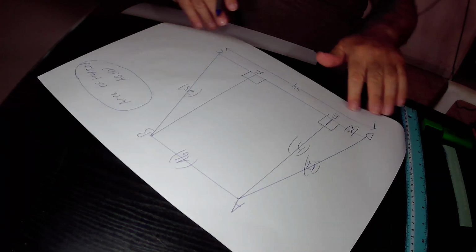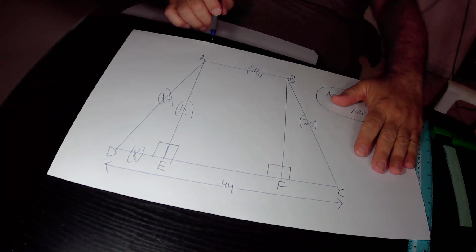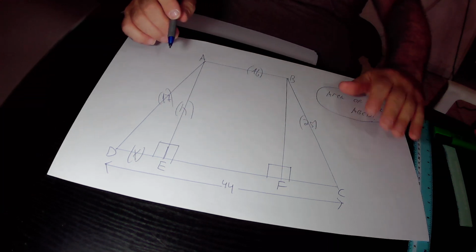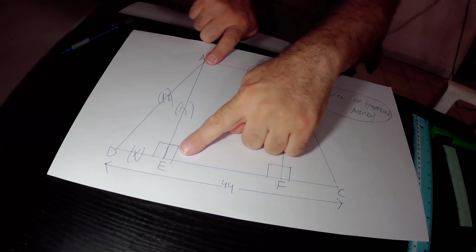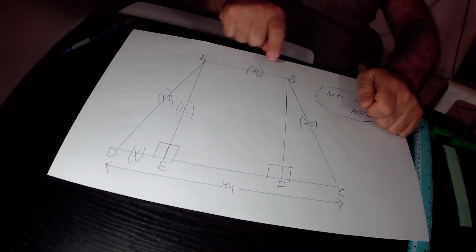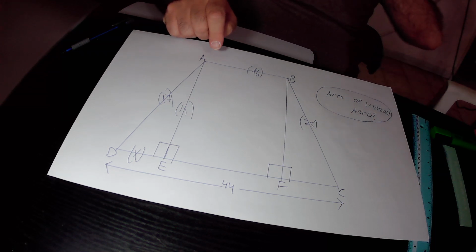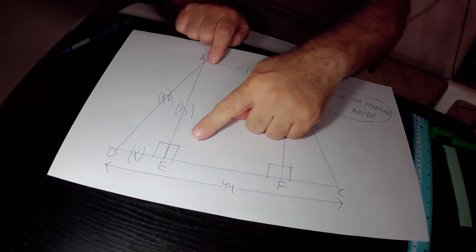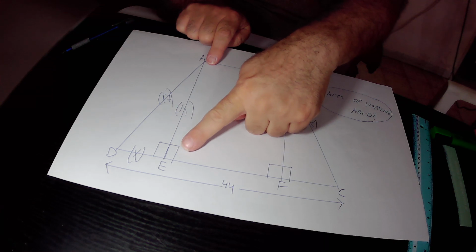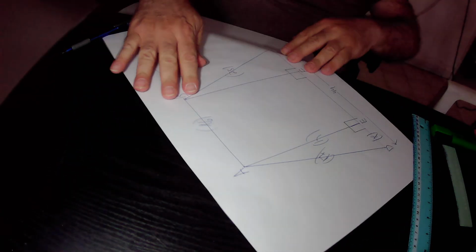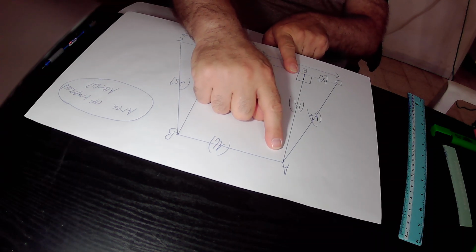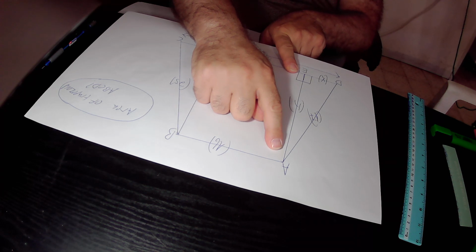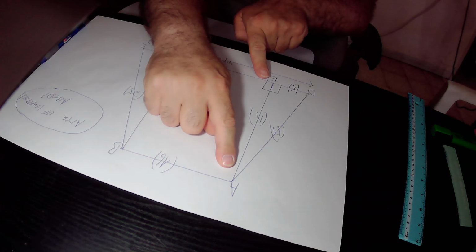We know that AB is parallel to DC. So those two angles are both located between the parallel lines AB and DC, and therefore they are defined as interior angles. In addition, those two angles are both located on the right side of the straight line AE, and therefore they are also defined as one-sided angles.